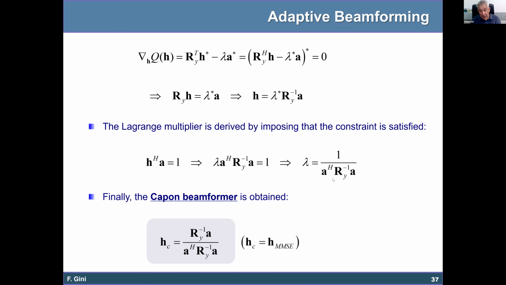And this is the value of lambda. So you plug lambda here, lambda is real in this case, and this is the solution. And you find that this is exactly the optimal beamformer for the criterion to minimize the mean square error.